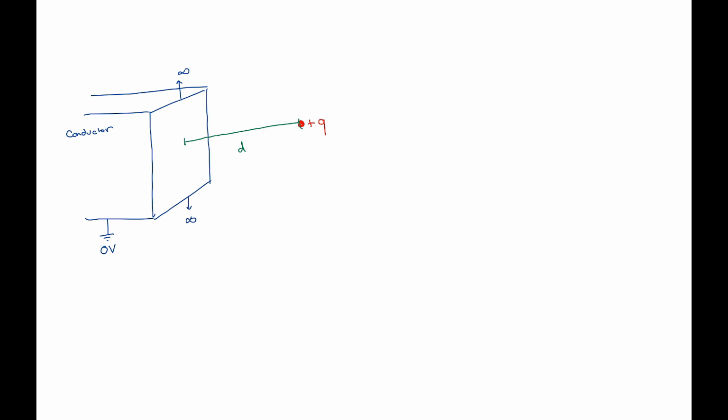Okay, the question is, what surface charge will we induce on the conductor? Okay, as I'm recording this, we just did a Zoom session where we talked about conductors. You guys did your tutorial.